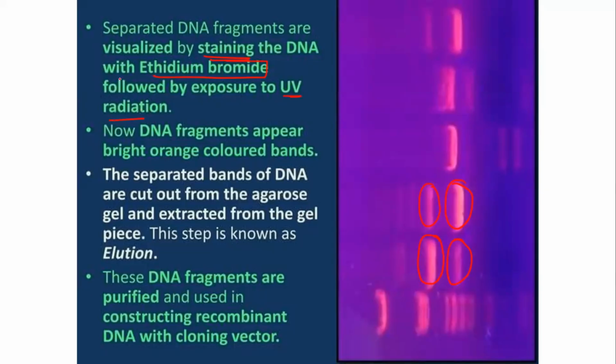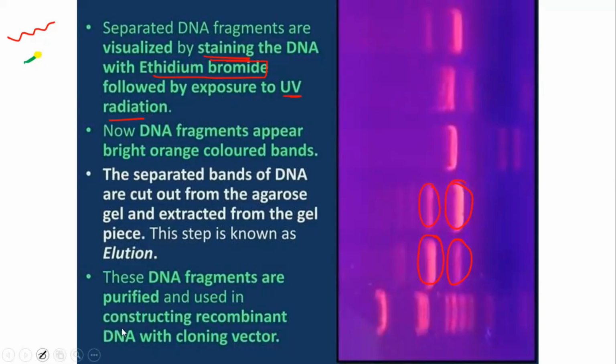Once we isolate the DNA and separate the particular DNA fragment, that means we are isolating the gene of interest. Then we run the gel to separate the particular DNA. We add a dye, ethidium bromide. For example, just to help you understand, I'm showing it.